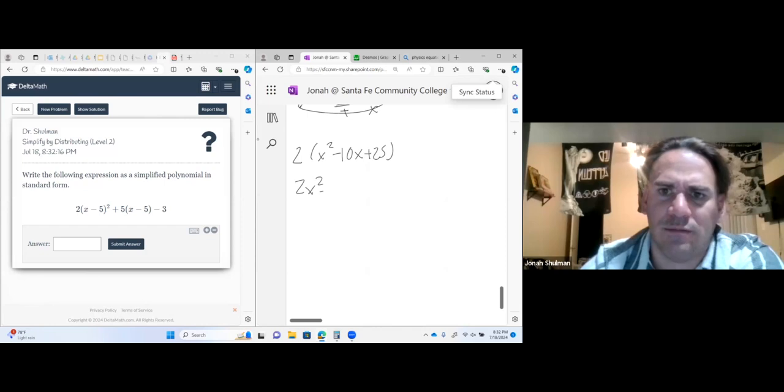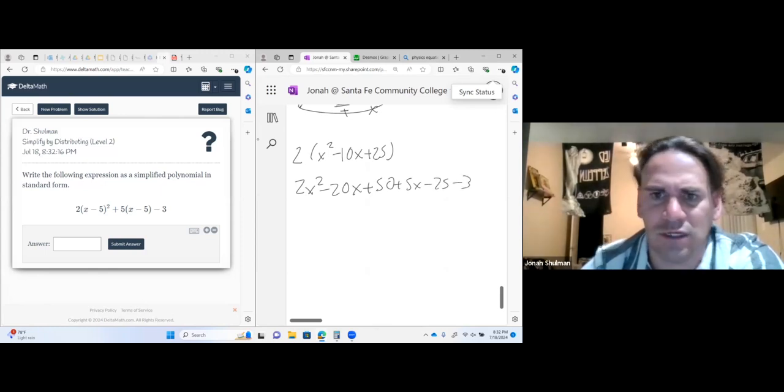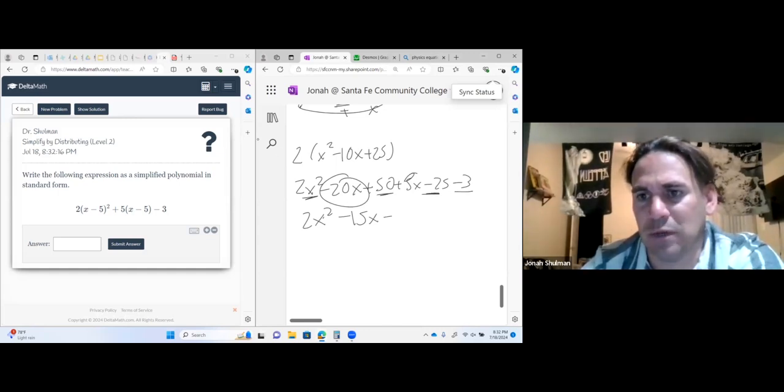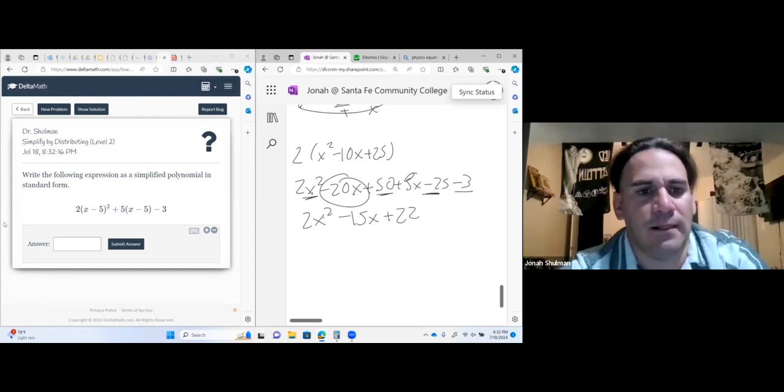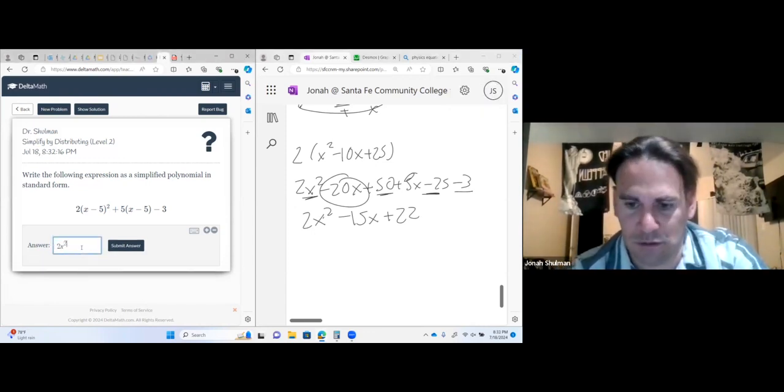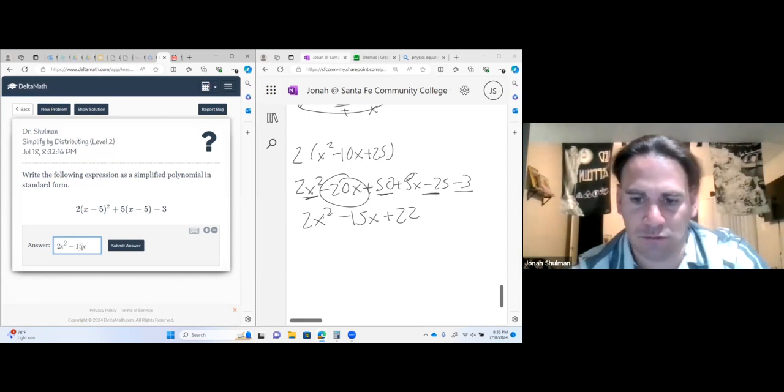So 2x squared minus 20x plus 50, and we're going to do plus 5x minus 25 minus 3. Put together what makes sense. Negative 20x and a 5x is negative 15x. 50 minus 25 is 25, minus 3 is a positive 22. There we go. 2x squared minus 15x plus 22.